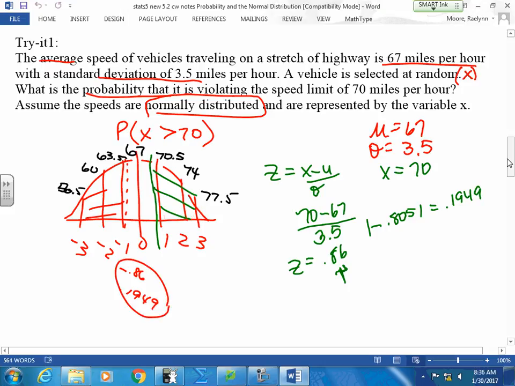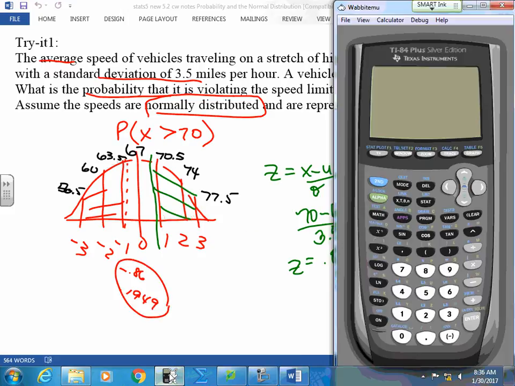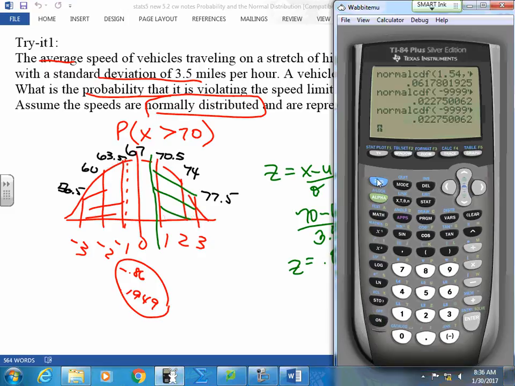I do it on my calculator. Remember, you can do it with your z-scores, or you can do it using your x values. This works so nice with your x values. Your lower is your 70, because we're looking for this area to the right. Be careful of your upper. 9999 would work fine.